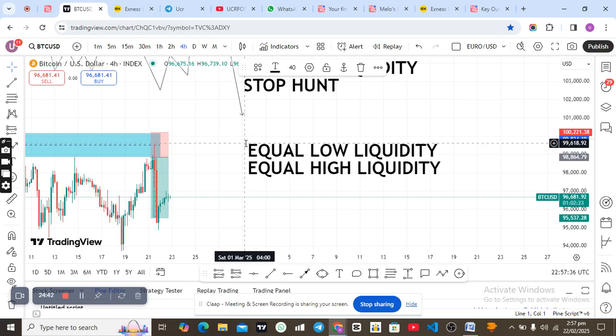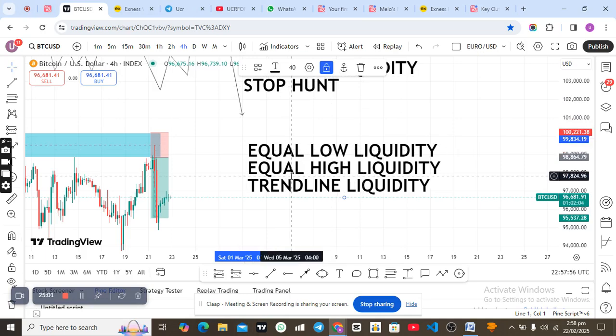And we have what we call trend line liquidity as well. And then we have the buy side liquidity and the sell side liquidity. So these are the three types of liquidity as well: equal low liquidity, equal high liquidity, and trend line liquidity.